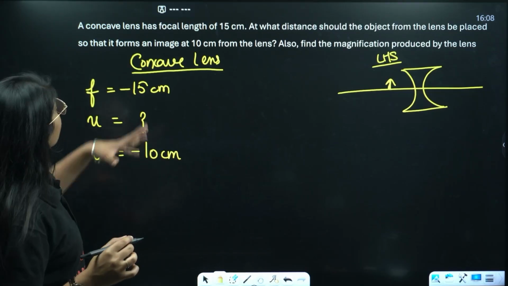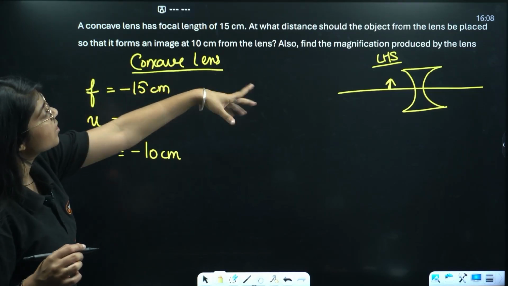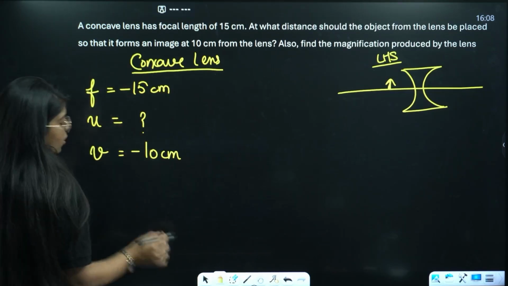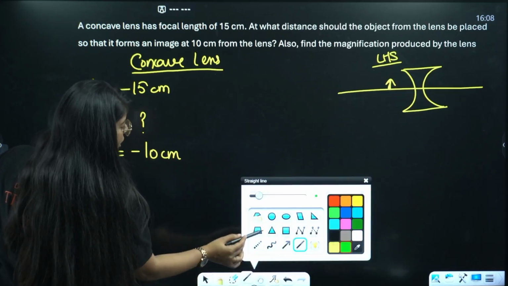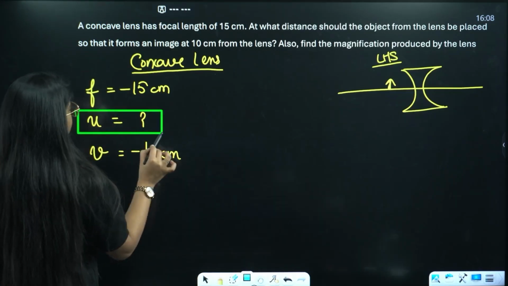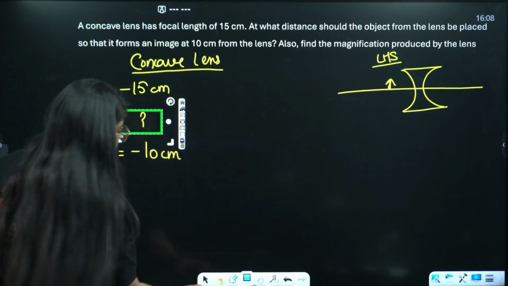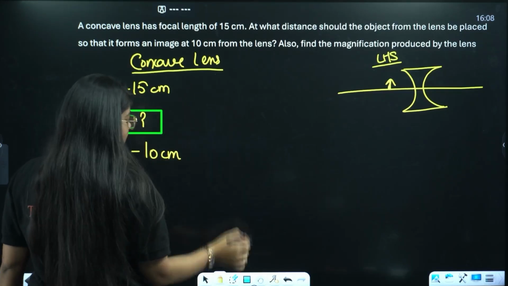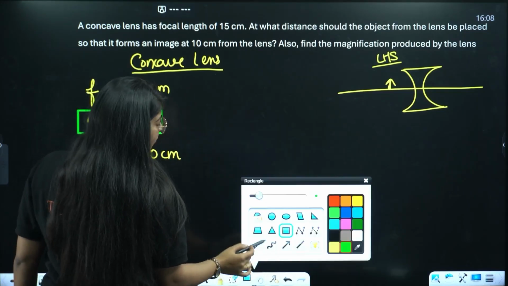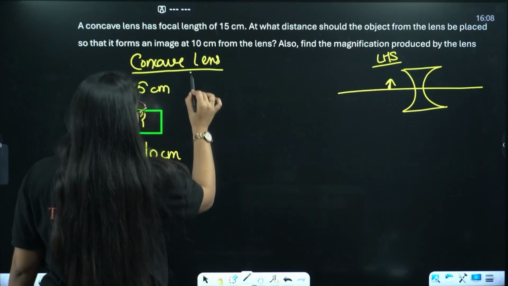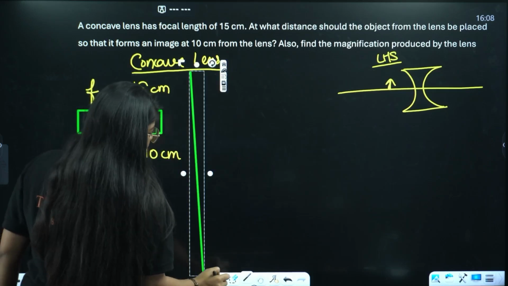Understood? Also we have to find at what distance the object should be placed. So we have to find the object distance. Correct? Now here, instead of using the mirror formula, we will be using the lens formula, right?